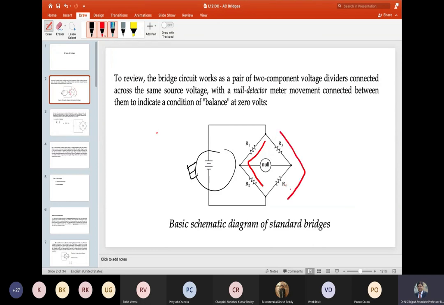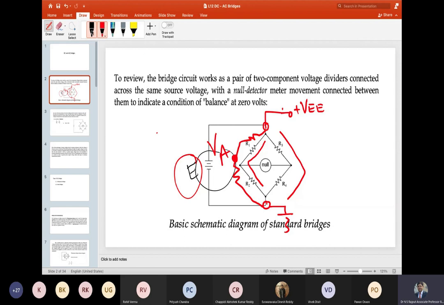Since both of them are connected across the voltage source, this one is a potential divider and some voltage, suppose A, develops here, VA.